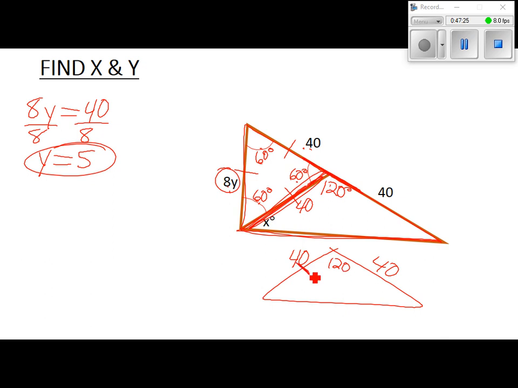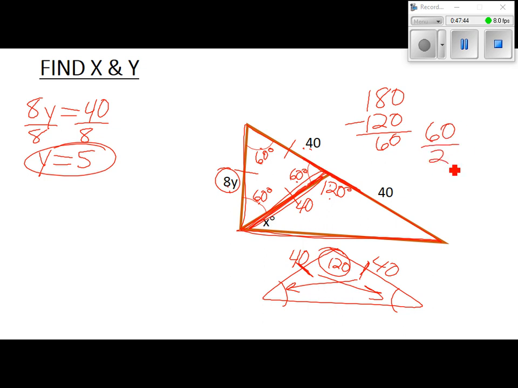These two sides are congruent, so the angles across from them have to be congruent. If this angle up top here is 120, then we just take 180 minus 120. That leaves us with 60. And if these two angles have to be congruent, all we got to do is take that 60 and divide by 2, and we end up with this angle right here, x equals 30.